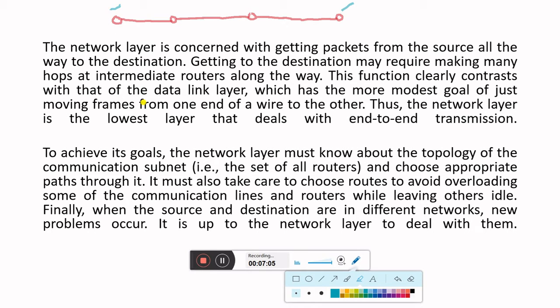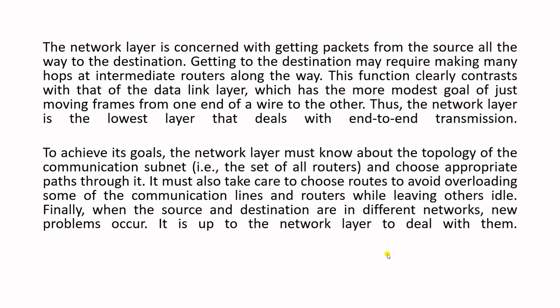To achieve these goals, the network layer must know about the topology of the communication subnet. Subnet means the part of the network, that is the set of all the routers, and choose appropriate paths through it.